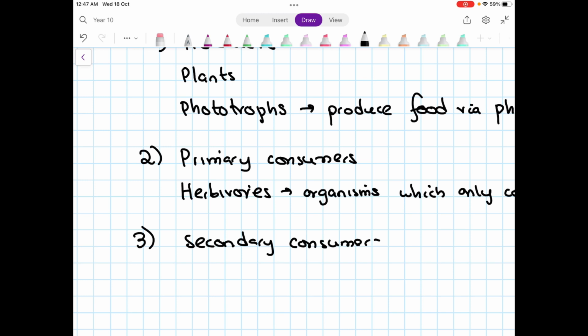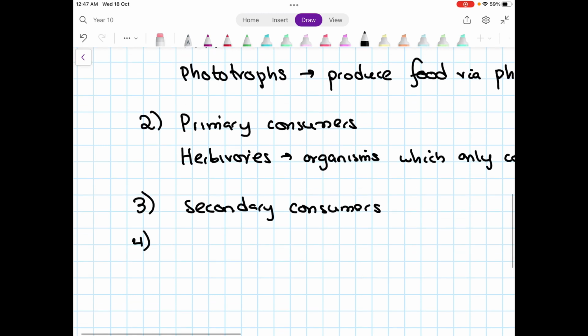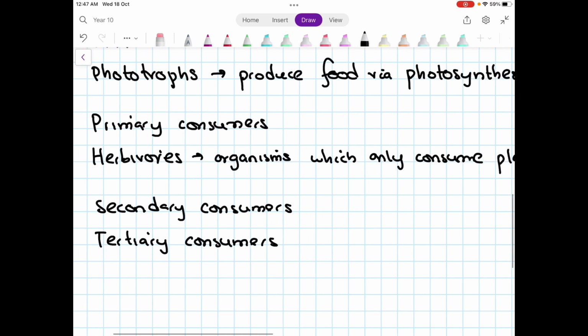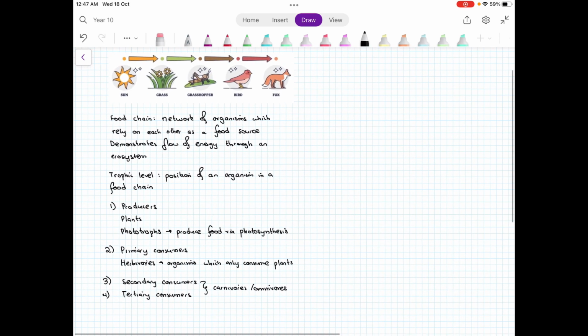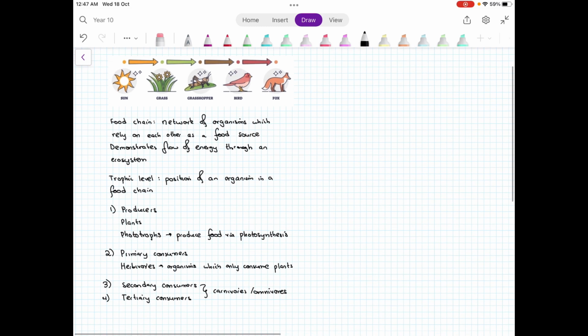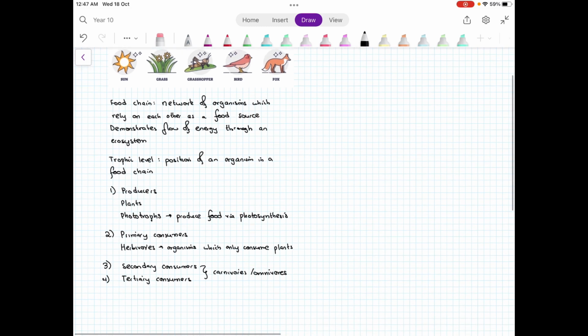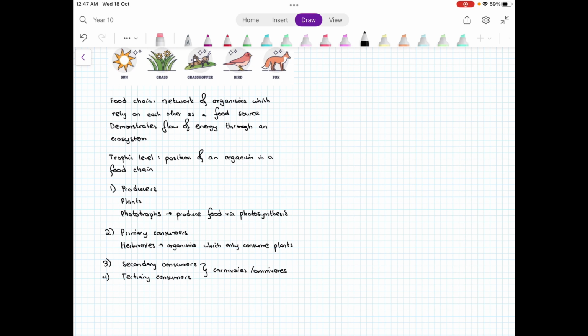After primary consumers, you have secondary consumers, and then you have your tertiary consumers. And these two tend to be carnivores or omnivores. And most food chains just have these 4 trophic levels.